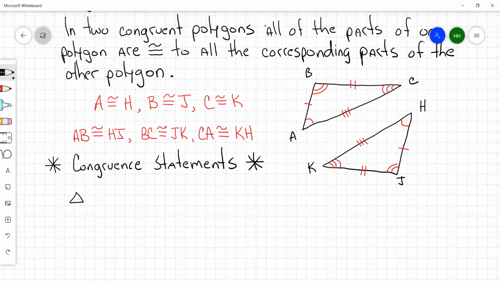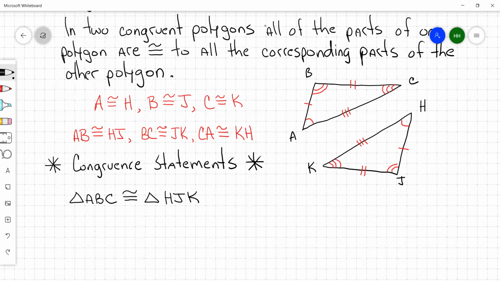Triangle ABC is congruent to triangle HJK. Now, the most important part of a congruent statement is the order of the vertices.